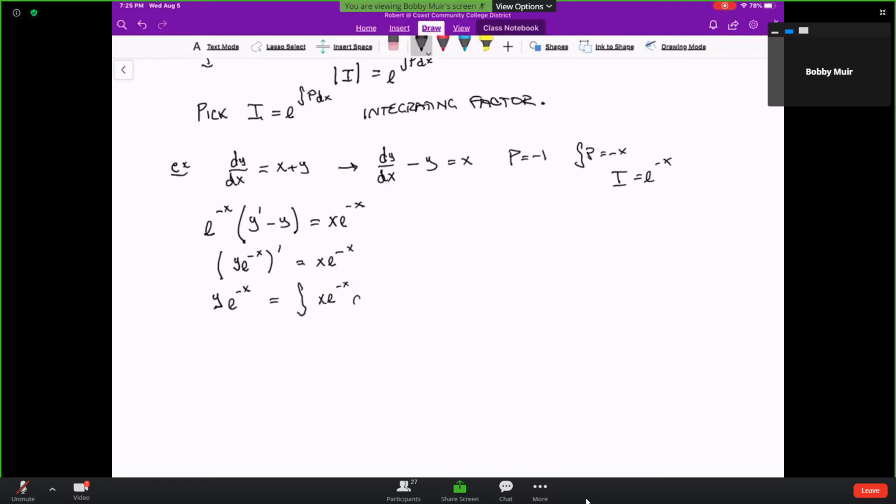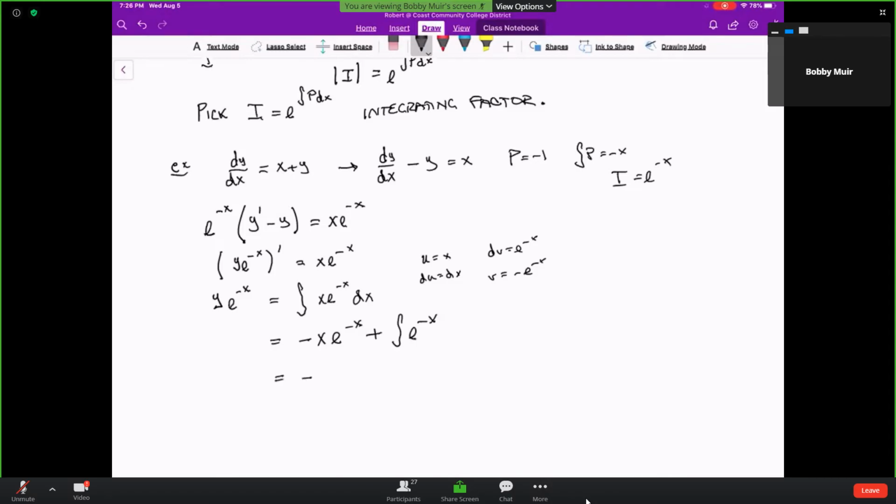And so now we're back to having to know how to integrate. U is x, du is dx, dv is e to the negative x, v is negative e to the negative x. So this is going to be uv minus the integral of v du.